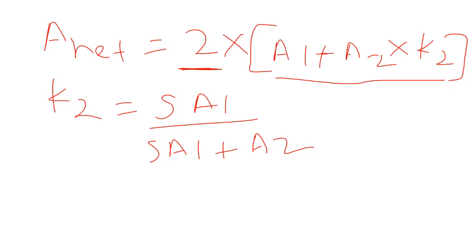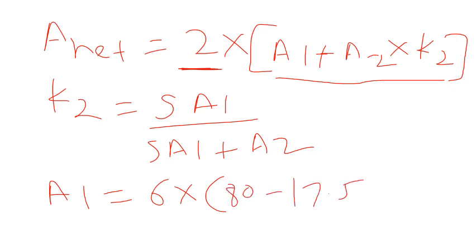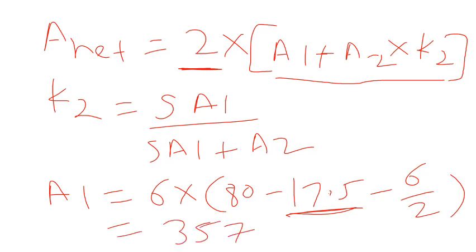Again, for the legs of the angle the formulas are same. A1 will be equal to, this is for the connected leg, right? So 6 mm is the thickness, this is the length of the leg, that is 80, then subtracting gross diameter and then subtracting t by 2. So this will give us value of A1 as 357 millimeter square.